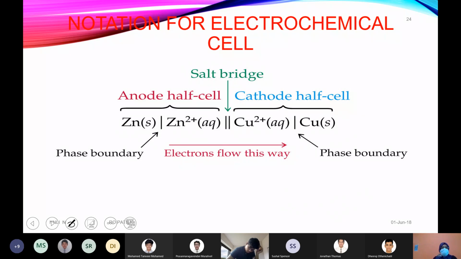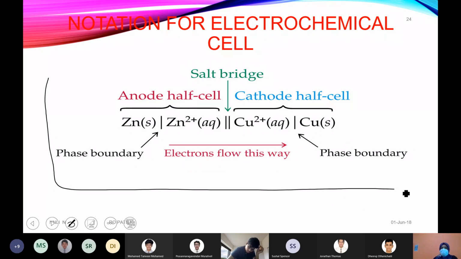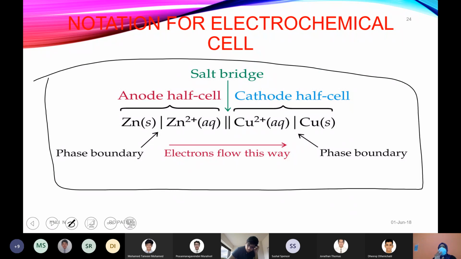This is very, very important, because in the exam they just give this information and nothing extra, since this is more than enough to understand which electrochemical cell is given, and which is anode and which is cathode. Everything can be found out from here. What is happening? How many electrons are being transferred?